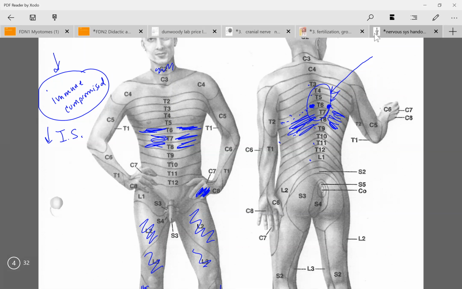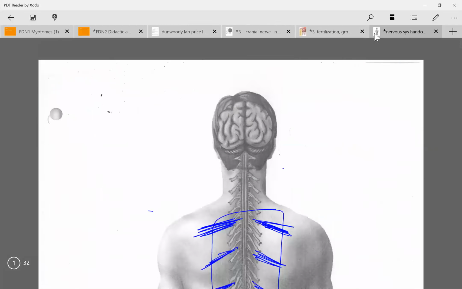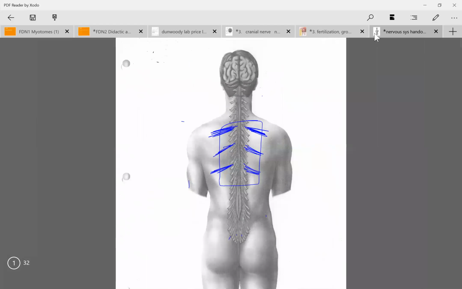Okay. So your best bet to resist disease, resist your chicken pox from resurfacing in the form of shingles, to resist all that kind of stuff, is to keep your spine healthy, to keep all of this as healthy as you can.